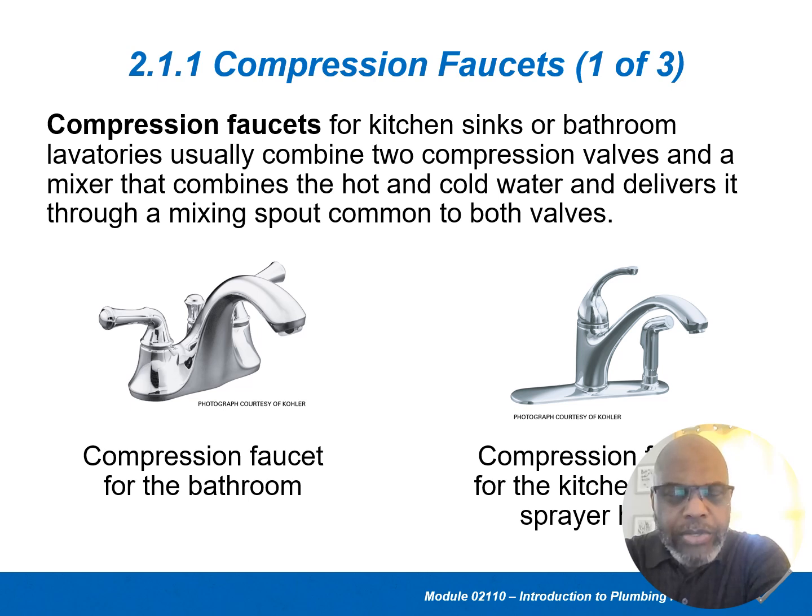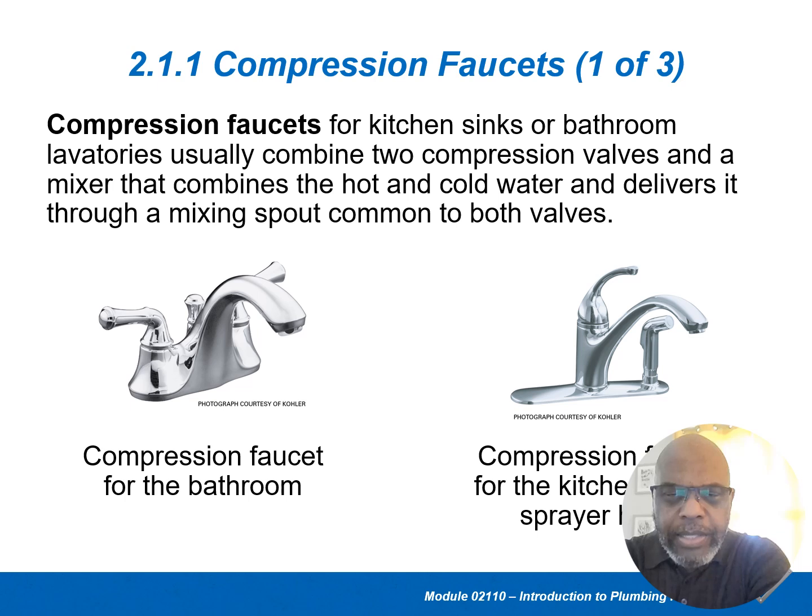So with this compression faucet, when you turn the knob, it gets tighter and tighter on that seat until it stops. You just turn it until you stop the sink from dripping. On the left side is a two-valve faucet, one for hot water on the left and cold water on the right, and again, each seats against a washer.